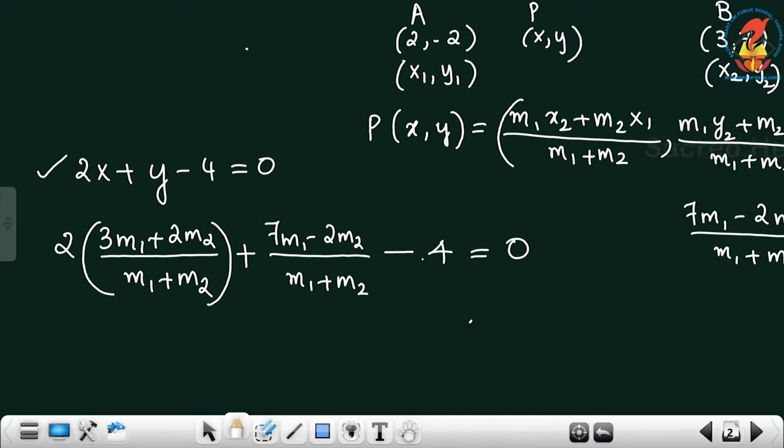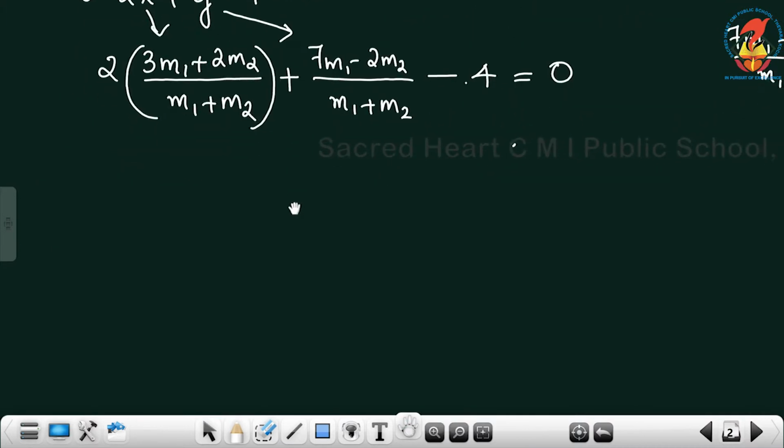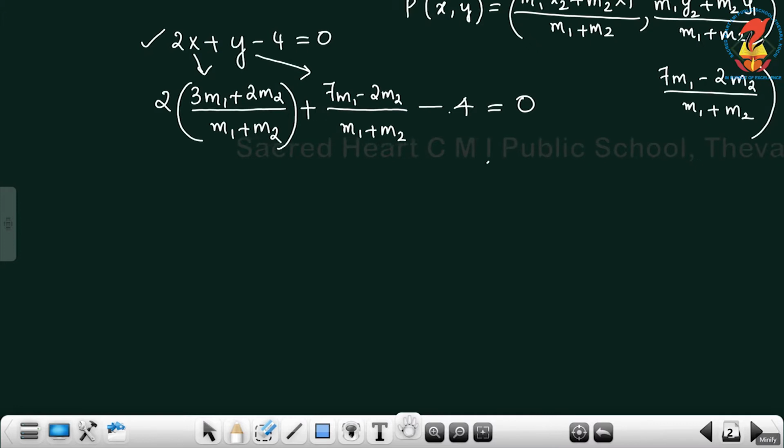So, in the equation of the line, instead of x and y, we are substituting the values and we are going to simplify it.